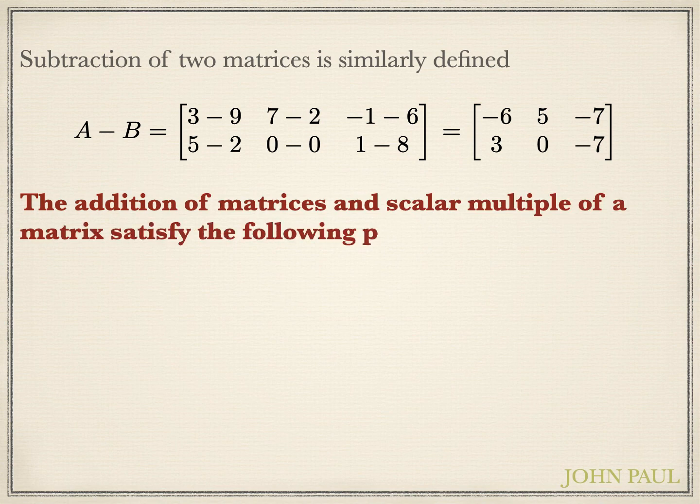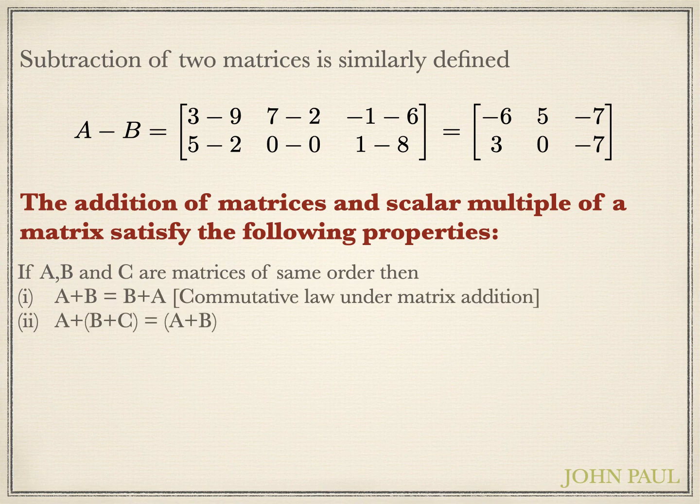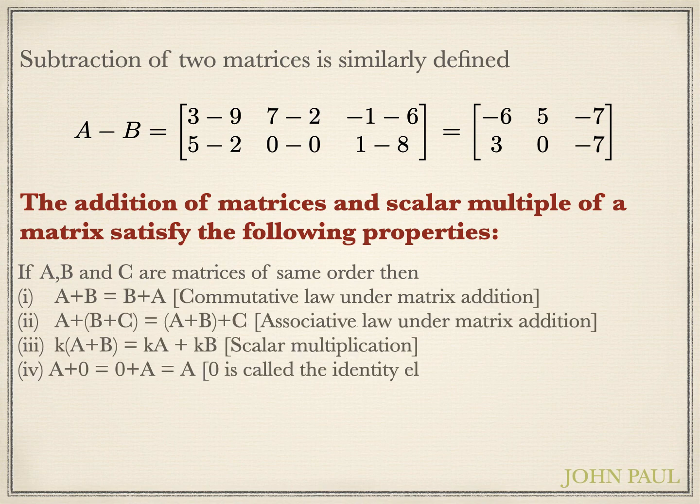The addition of matrices and scalar multiplication of matrices satisfy the following properties. If A, B and C are matrices of the same order, then the following properties hold. First one, A plus B equal to B plus A, that is commutative. A plus B plus C equal to A plus B plus C, this is associative.